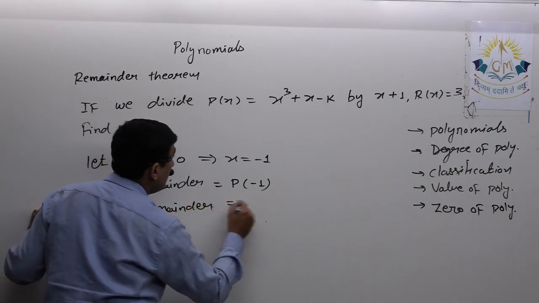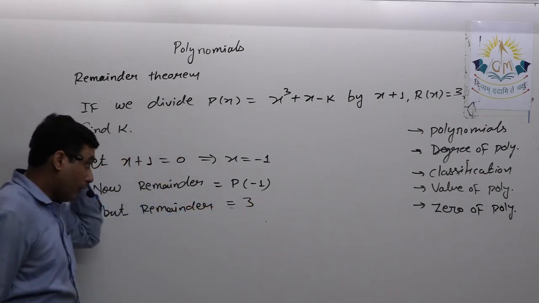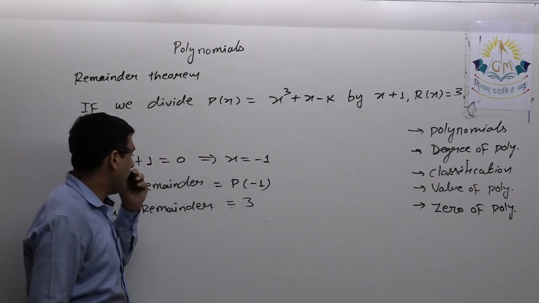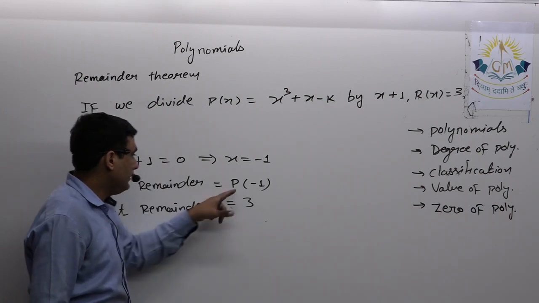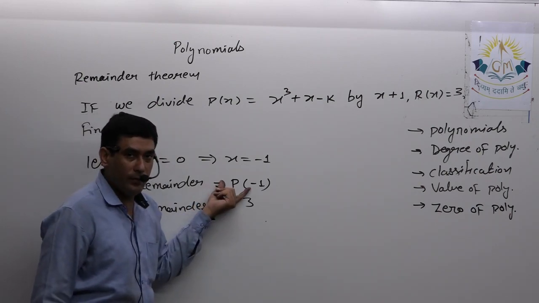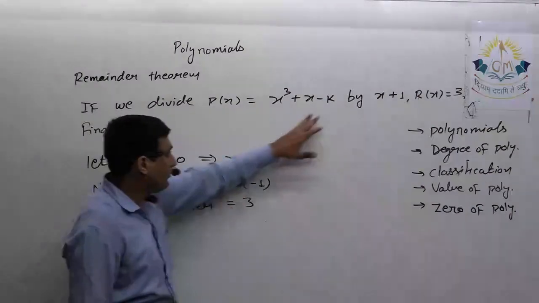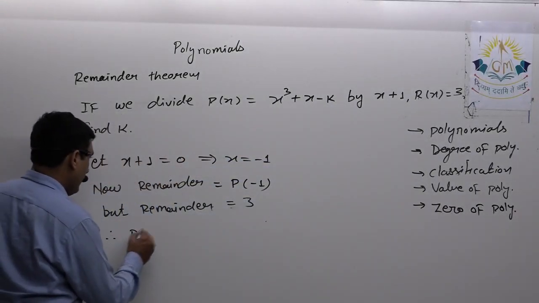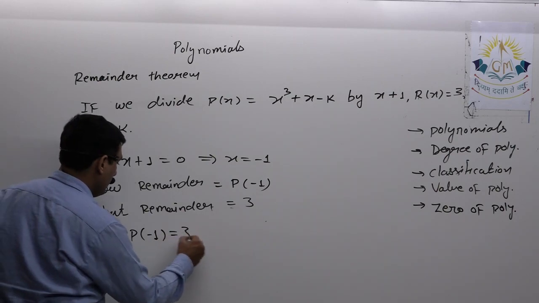According to the theorem, if we divide p(x) by x plus 1, p of minus 1 must be the remainder, but according to the question the remainder is 3. So I can say therefore p of minus 1 is equal to 3.